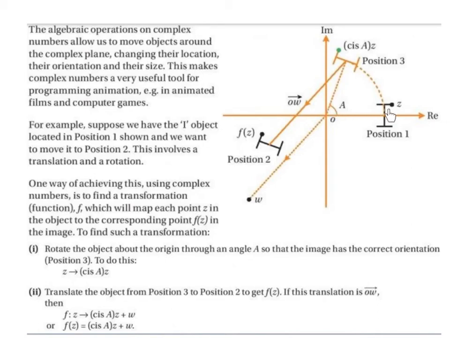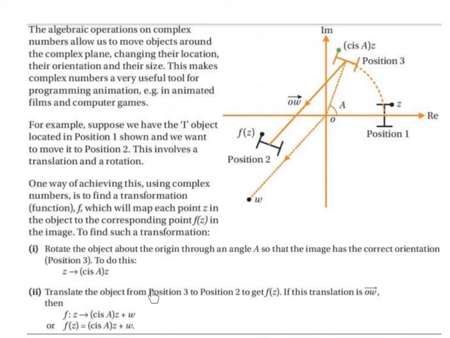So here we have our object I, and what we want to do is rotate it anti-clockwise into position 3. So to do this, Z maps to CiS(A) Z. So here we have Z, we rotate it anti-clockwise, and now we have CiS(A) Z.